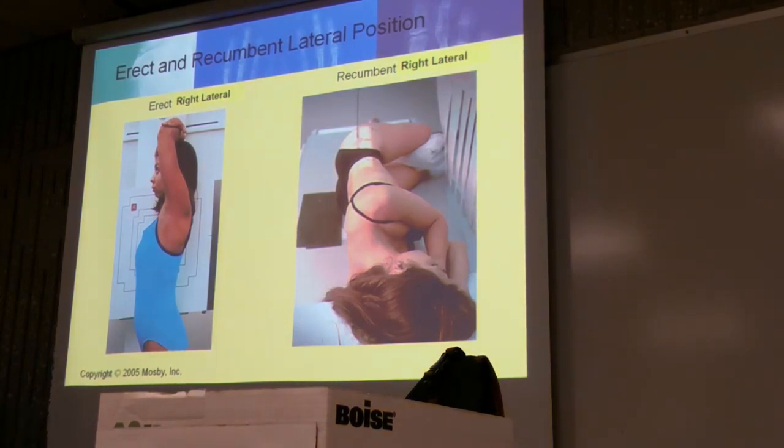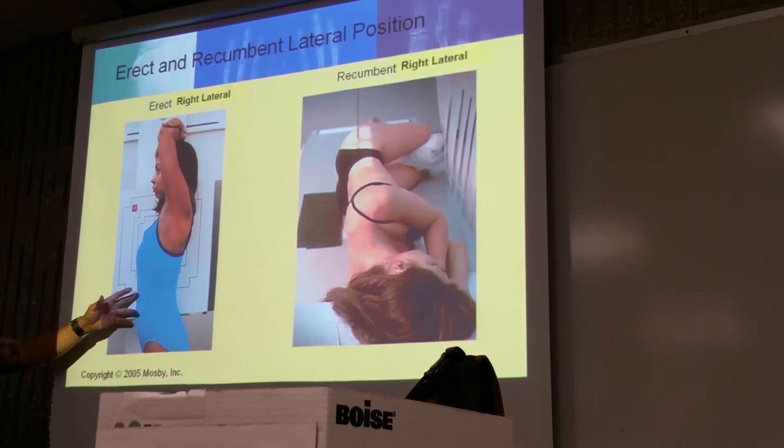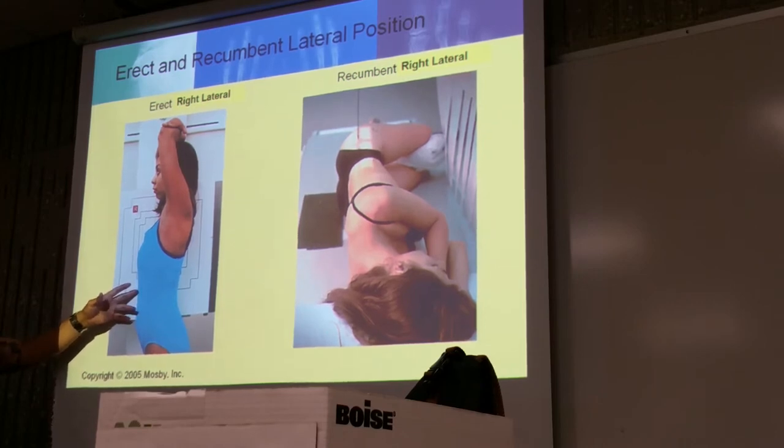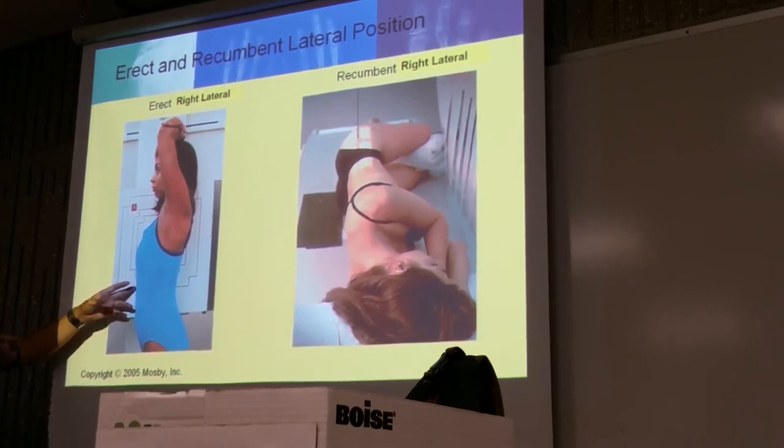Oh, I already jumped ahead. We already covered this, right? Here we have an individual who's standing upright. This particular projection is a lateral projection. What's the position? Erect. Upright. What kind of lateral? Right lateral.